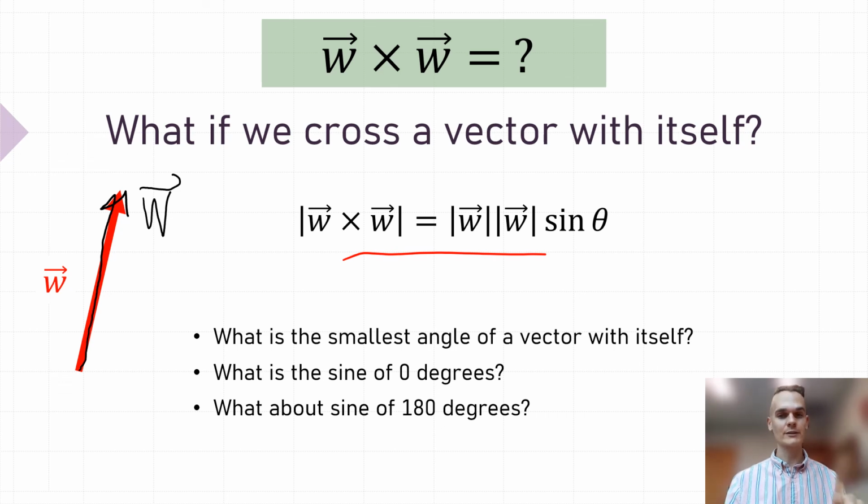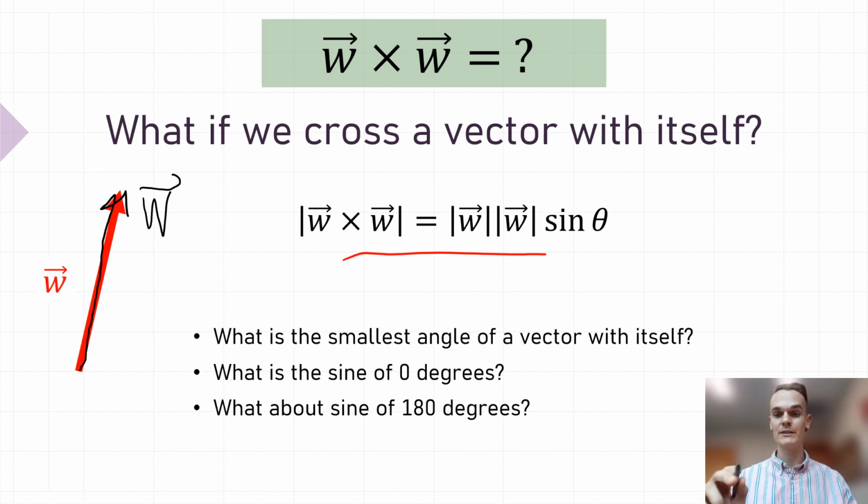But these two vectors do not form a parallelogram. They do not have an area spanned. So this should tell us that the magnitude of the cross product is 0. And we will get the same result from calculating the magnitude explicitly. What is the smallest angle between a vector and itself whenever they are placed tail to tail?